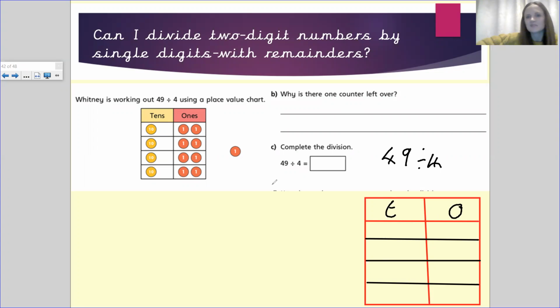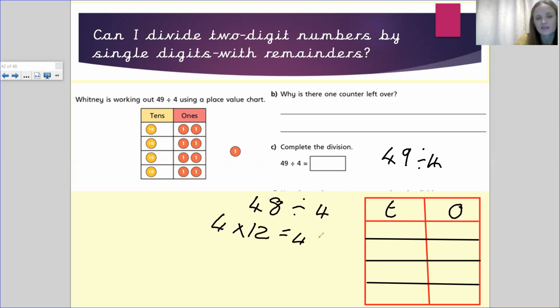Using my place value chart, I can break this number up. If I look at multiplication questions in the 4 times table, I know that 48 can be divided by 4 because 4 times 12 is equal to 48.